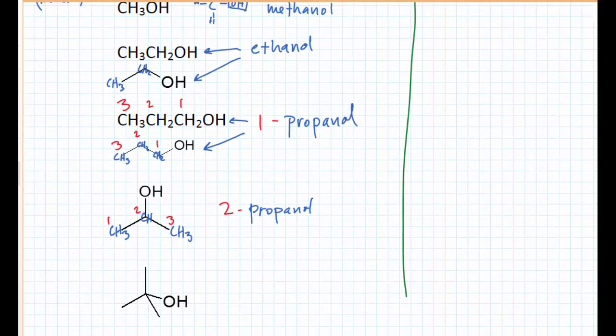So when we're doing an IUPAC name, and it's complex like this, we have to find the longest carbon chain, number it from carbon to carbon, okay, numbering from the end that's closer to a functional group. Okay. How long is the longest carbon chain in this one?